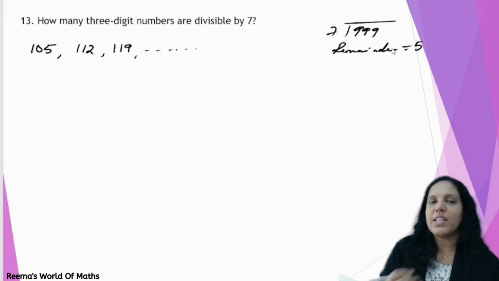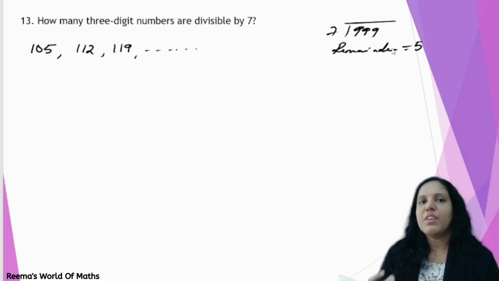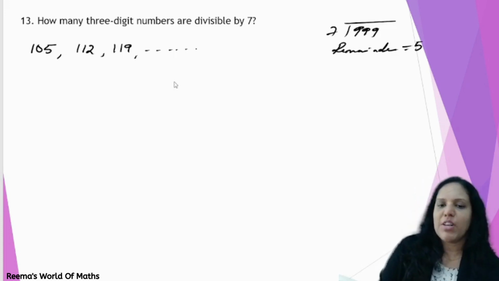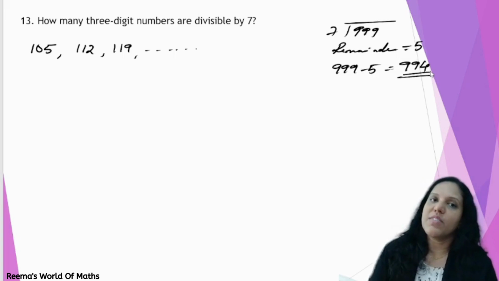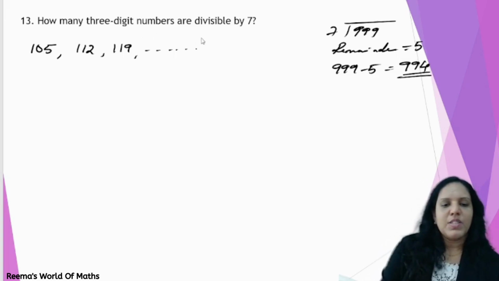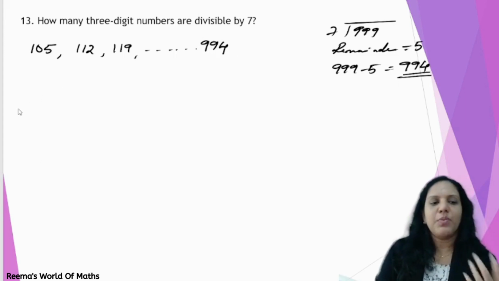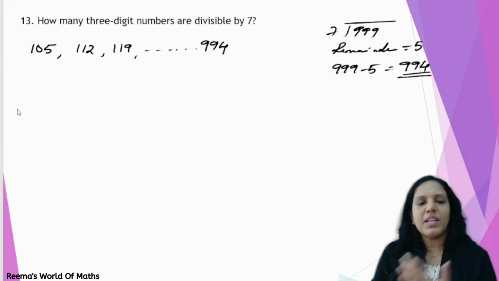So the highest 3-digit number which is divisible by 7 will be 999 minus 5, which equals 994. So the last term will be 994, correct? Now we have found the first term and the last term.